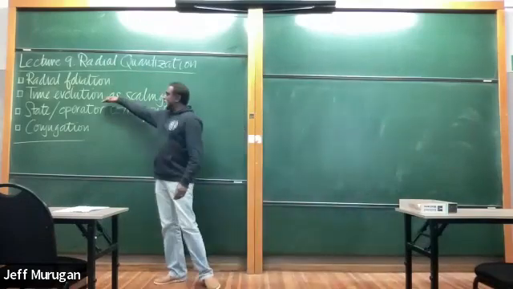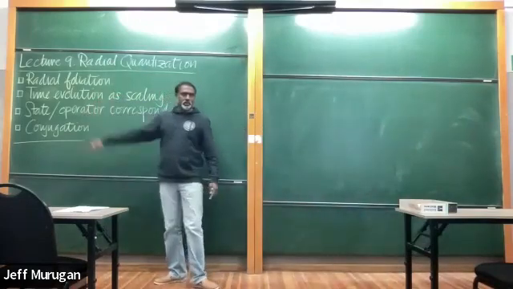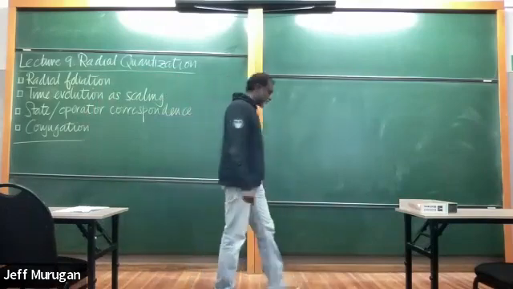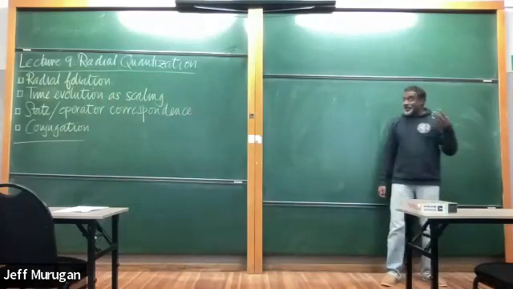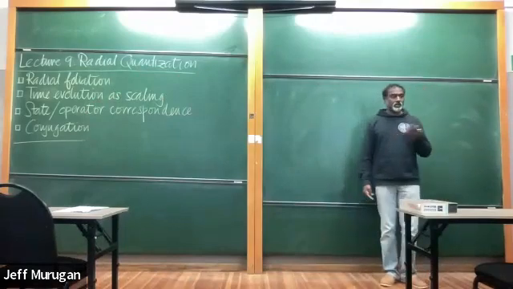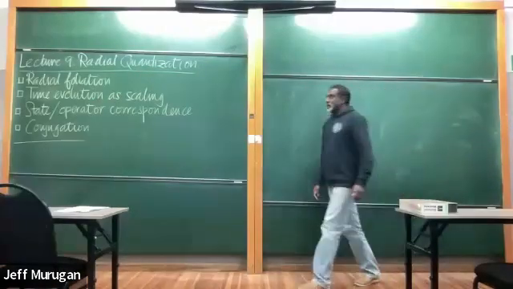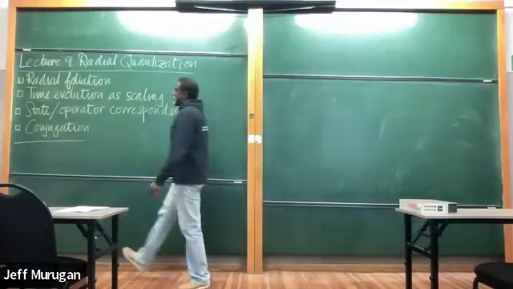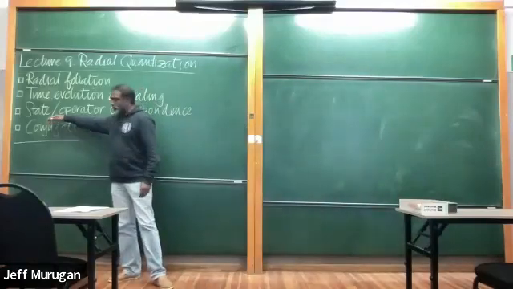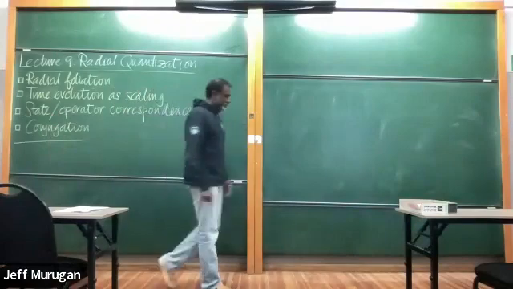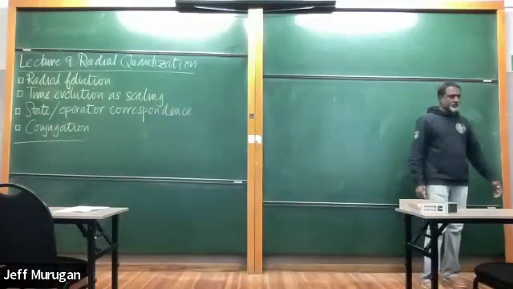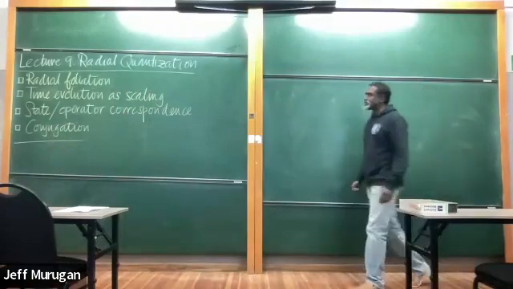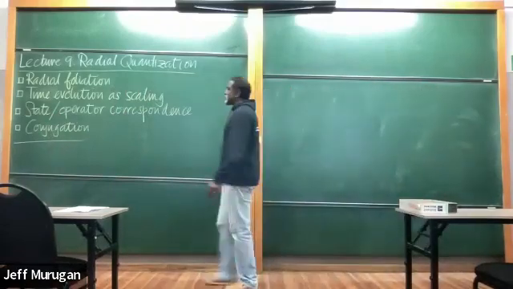And then I'll show you how time evolution in canonical quantization equates to scaling in this radial quantization scheme, which will lead us to a very, very important statement known as the state-operator correspondence, which tells us how to map states in Hilbert space to operators acting on points in space-time and vice versa.